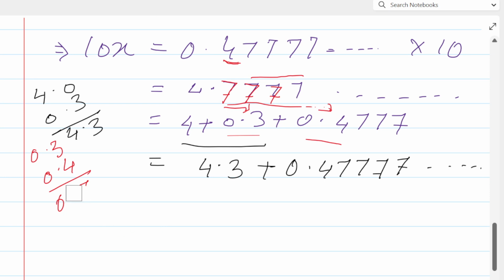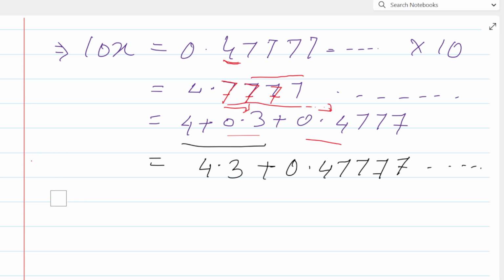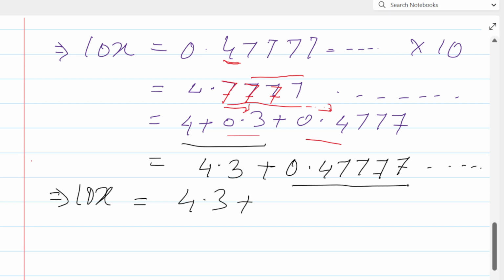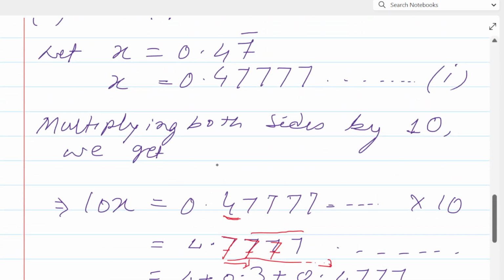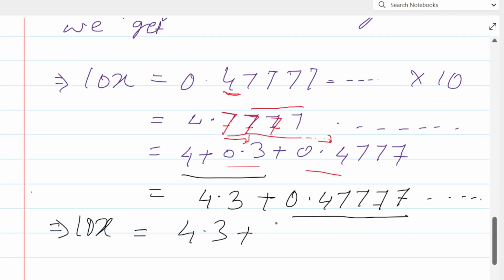So this 10x equals 4.3 plus 0.4777... If you go back, you'll find that 0.4777... is x. So I'll just replace this by x, which is x from equation 1.